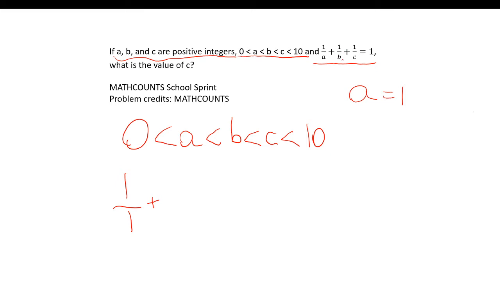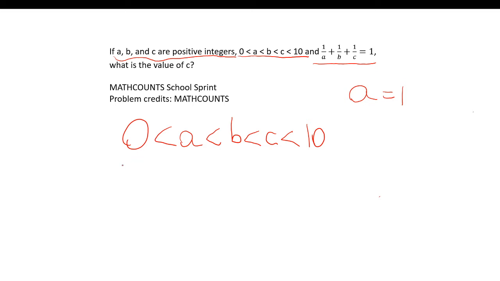And if we put a 0 as b or c, that breaks the rules of math. You can't divide by 0. So if we can't divide by 0, we have a new range. A, b, or c can't be 1. Well, a can't be 1, really, since if b is 1, then a has to be less than that, and that's 0, which is not allowed, and so a can't be 1.